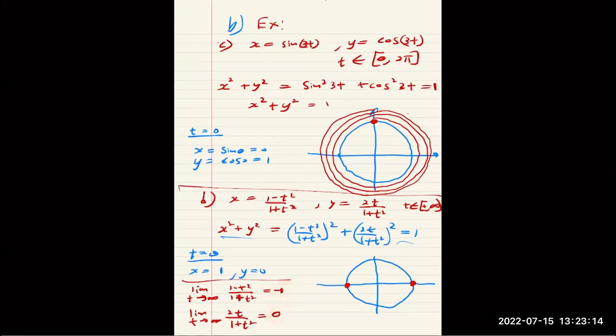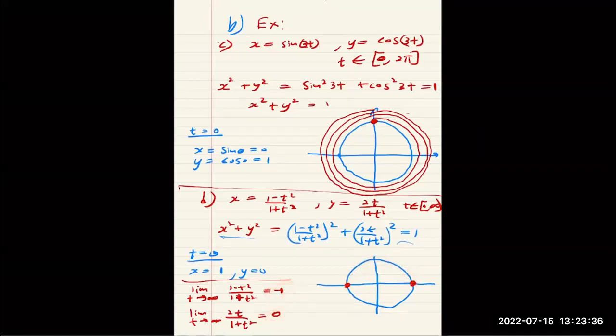That means as t goes to infinity, your curve should be approaching this point, minus 1 comma 0, because the x coordinate is minus 1 and the y coordinate is 0. Minus 1 comma 0 is this point, right? So as t goes to infinity, it should be going this way. We know that it approaches this point as t goes to infinity, because this limit statement is true.